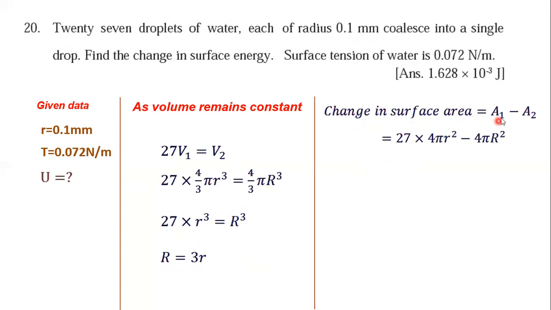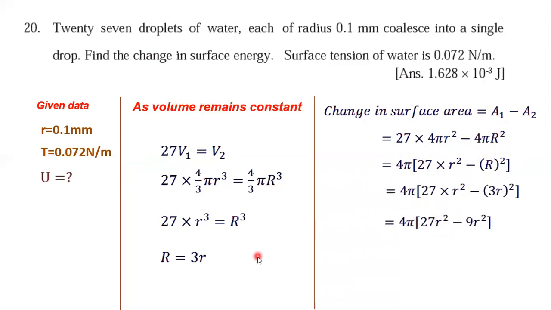So change in surface area is equal to A1 minus A2. A1 is 27 multiplied by the surface area of a single droplet, 4 pi r square, minus the surface area of the drop, 4 pi capital R square. Now 4 pi is common, taken out: 27 r square minus capital R square. Here we can substitute the relation: instead of capital R, we can write 3 into small r.